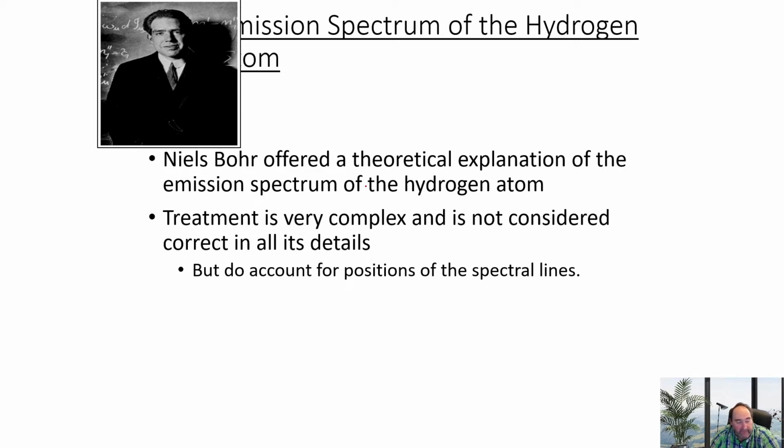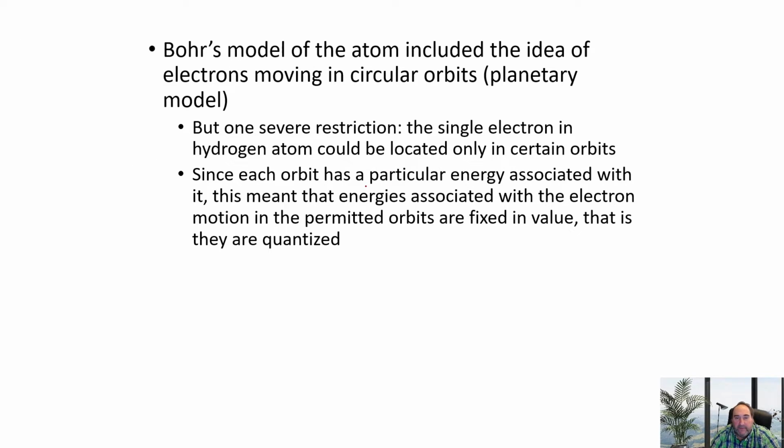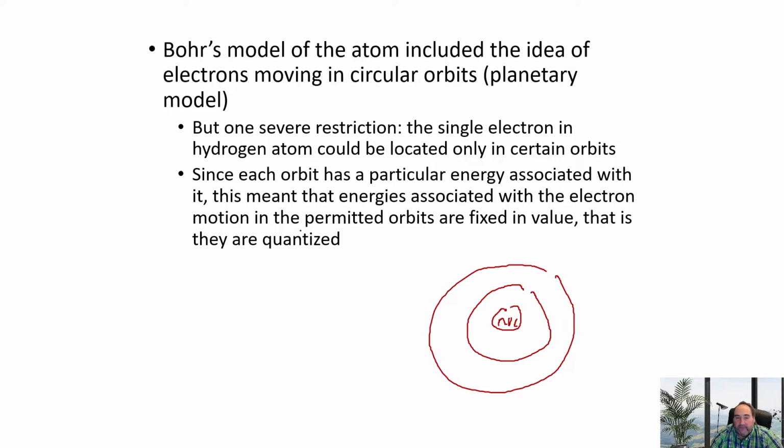But as it was later found, it doesn't hold up very well as we transition away from hydrogen to other elements. Bohr's model is sometimes referred to as the planetary model, where we have our nucleus with our protons and neutrons, and these orbits.